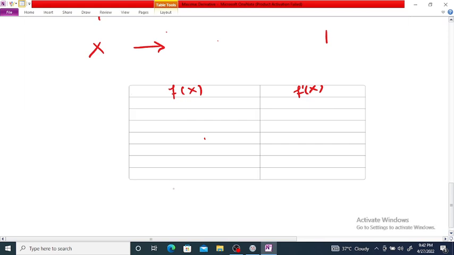If it is equal to 1, then its derivative is equal to 0. If it is equal to k, a constant, then the derivative is equal to 0. If it is equal to x, then the derivative is equal to 1.